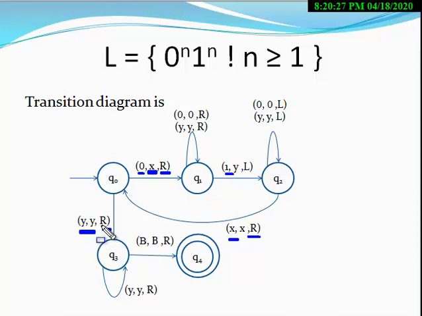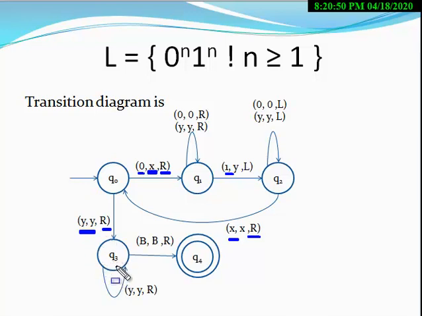So these two actions will be applied when the Y tape symbol appears at state Q0. The first action is that the machine changes its state from Q0 to Q3. The second action is that the machine moves in the right direction.